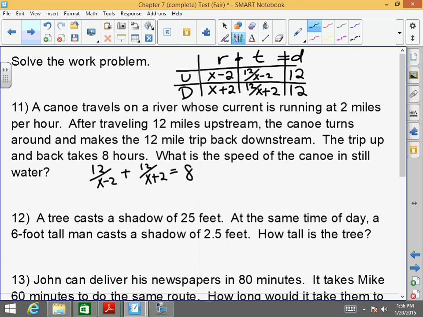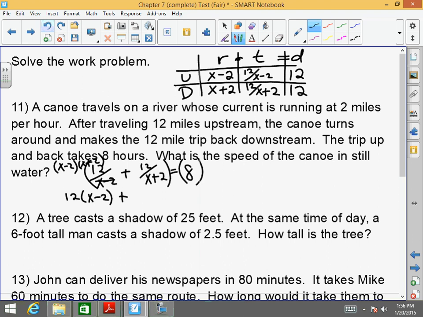Now from there, it's really simple. You multiply every single thing here by x minus 2, x plus 2. So in this one, the x plus 2's cancel, and I'm left with 12 times x minus 2 plus, whoa, I did that wrong. The x minus 2's cancel, sorry.